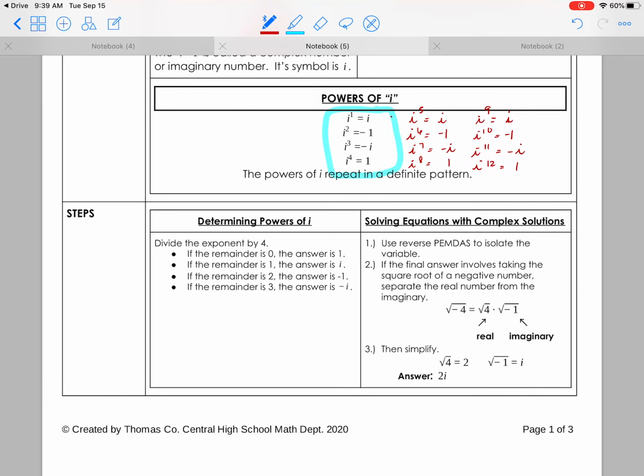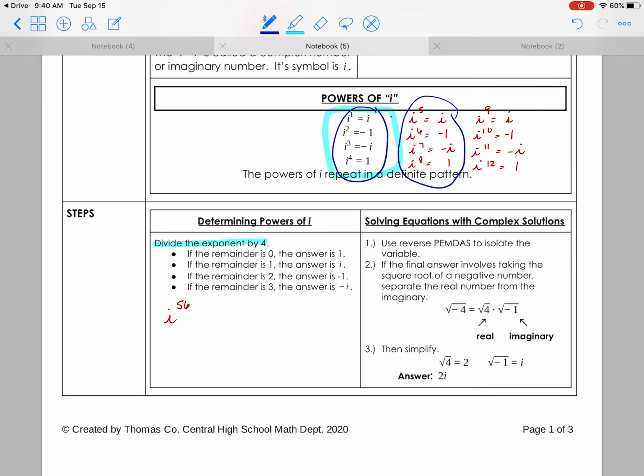So determining the power of i. What if I give you something like, what is i to the 56th power? Well, I don't want to have to keep writing this pattern over and over till I get to i to the 56th. So the way to do it is we're going to divide our exponent by 4. The reason is there's 4 exponents in each of these patterns.